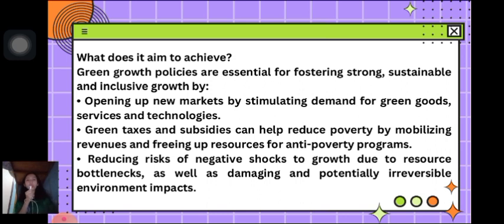The third one is reducing the risk of negative shocks to growth due to resource bottlenecks as well as damaging and potentially irreversible environmental impacts.